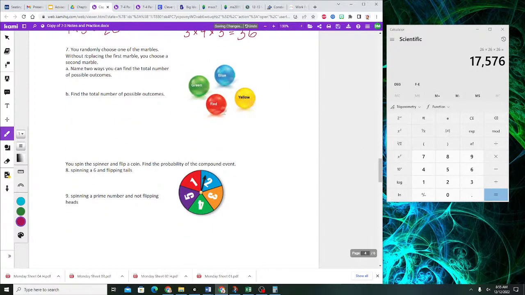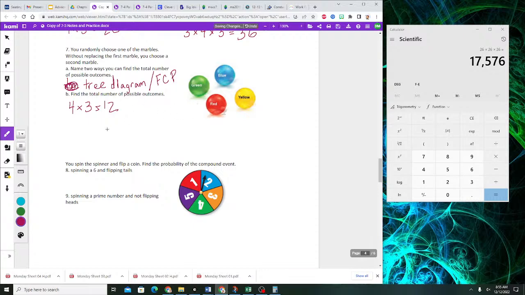You randomly choose one of the marbles. Without replacing the first marble, you choose the second marble. Name 2 ways you can find the total number of possible outcomes. Well, you could make a tree diagram, or you could use the fundamental counting principle. Using the fundamental counting principle, you start off with 4 marbles, and then you'll have 3 marbles, so there's 12 possible outcomes.